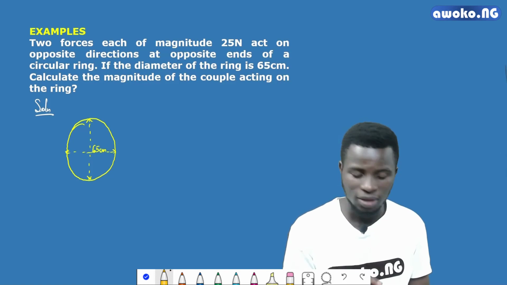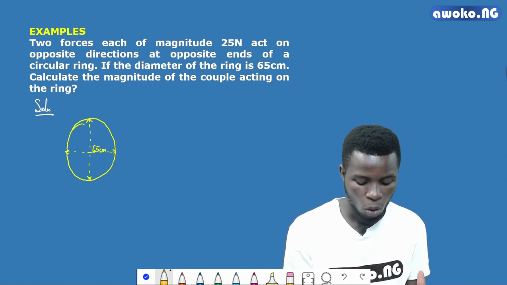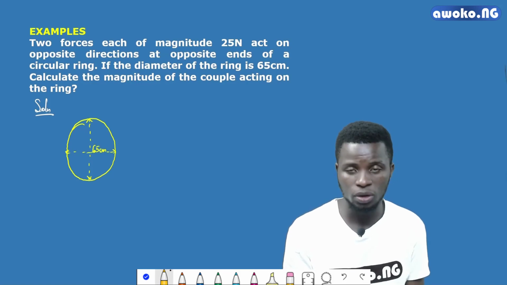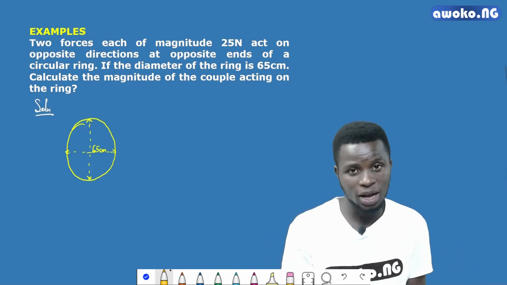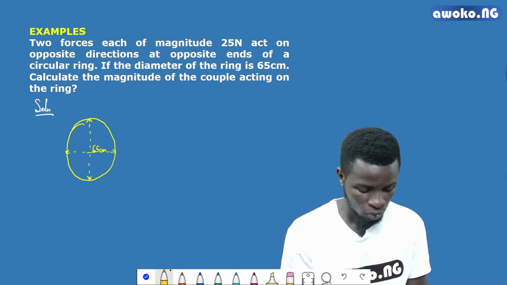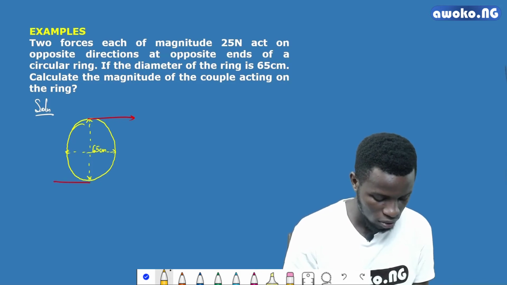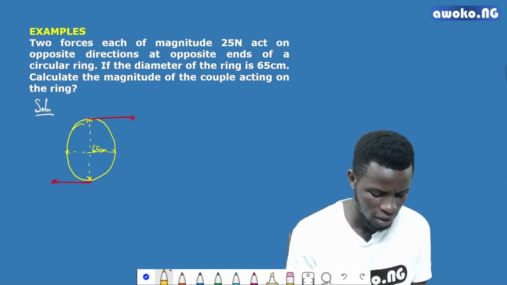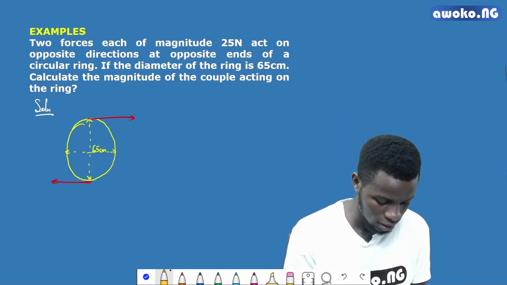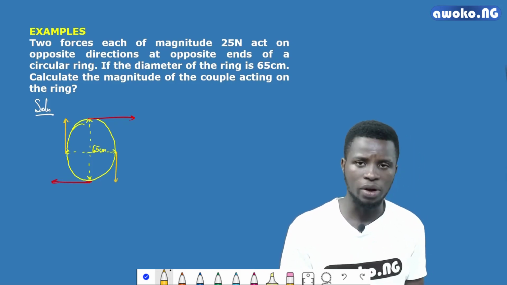Remember, we said that a couple is actually two parallel and opposite forces that are equal. There are two equal parallel forces and they are acting in opposite directions. So we can say one force is acting in this direction and the other is acting in this other direction.